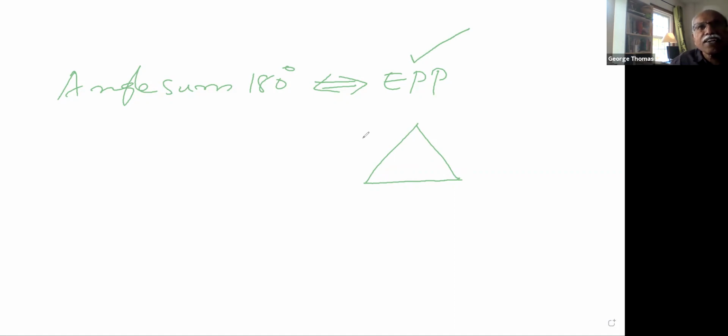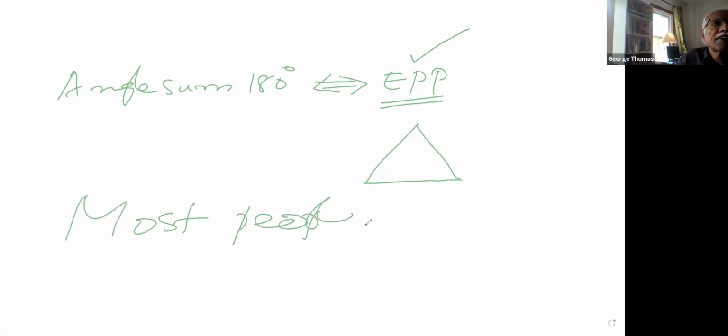The reason why in school the teacher says to you that the sum of the angles in a triangle is 180 degrees, the actual reason even the teacher doesn't know, is that it is EPP. Most people in the world don't know this. Even professors don't know this, most of them.